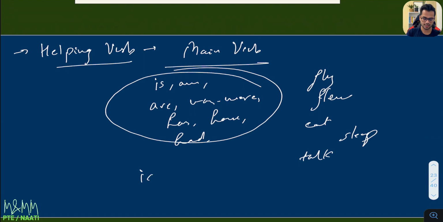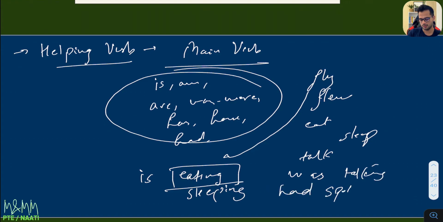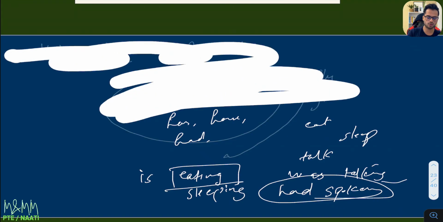If you see the word is or any of these words, and there's a blank after that, it is always going to be followed by a main verb: is eating, is sleeping, was talking, had spoken. So a helping verb is always followed by a main verb. That's another grammar rule.